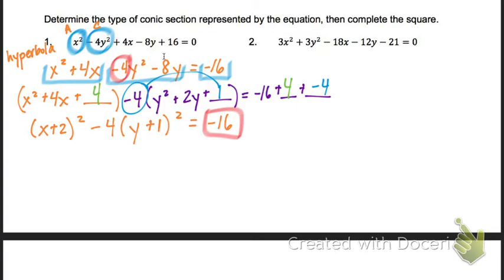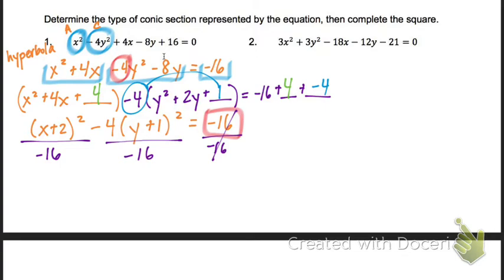Negative 16. So I'm going to divide everything by negative 16. This side, this side. Imagine taking this over negative 16 and this over negative 16. So the right-hand side cancels to become 1.